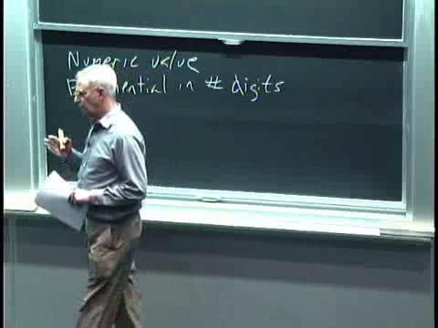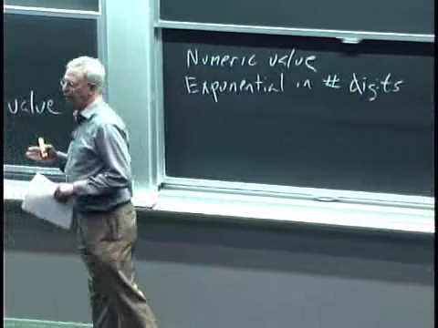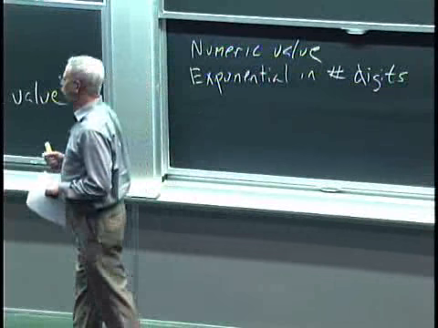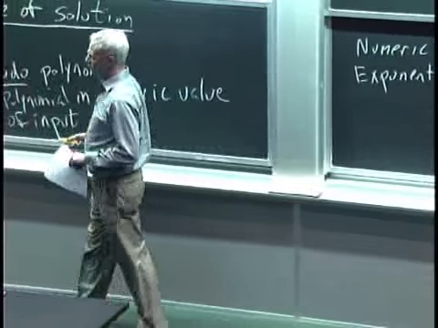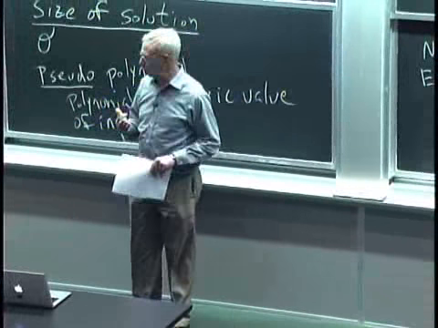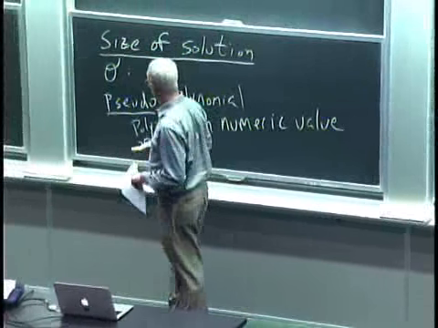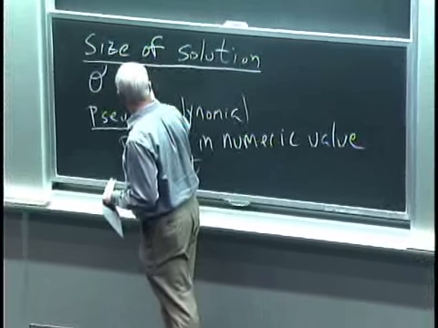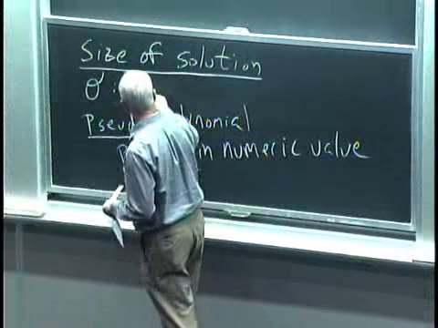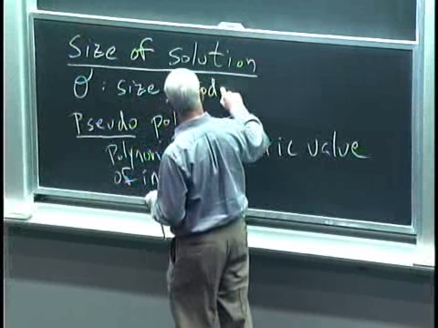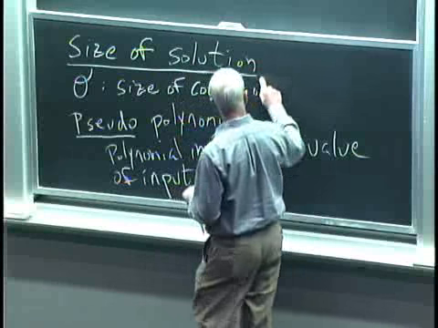You can take a problem, and typically, when we're formally looking at computational complexity, big O, what we'll define it in terms of is the size of the coding of the input.